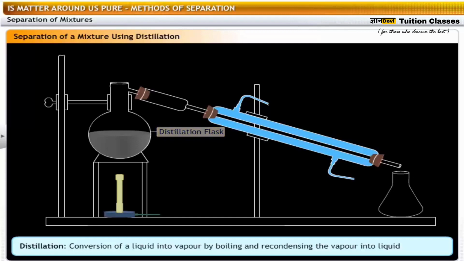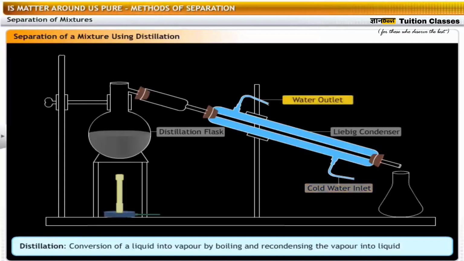A distillation flask is a round-bottomed flask with a tube at its neck. This tube is attached to a Liebig condenser. The Liebig condenser is a long glass tube within a glass jacket with an inlet and outlet for water. The open end of the flask is fitted with a one-holed rubber cork through which a thermometer is introduced.